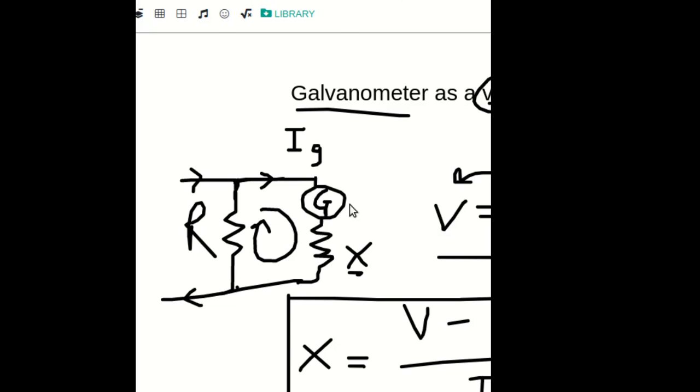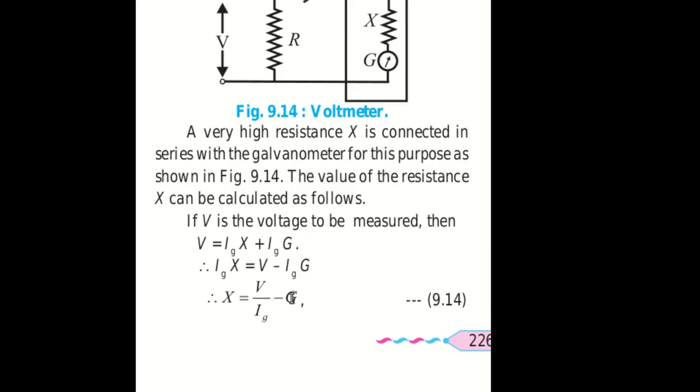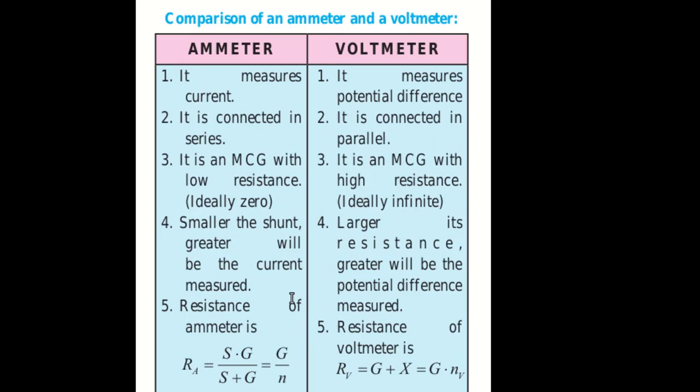So we will see now what is the difference between ammeter and voltmeter. In the book this is given in tabular form. The ammeter measures the current while the voltmeter measures the potential difference or the voltage. Ammeter is always connected in series with the circuit, while the voltmeter is connected in parallel with the circuit.